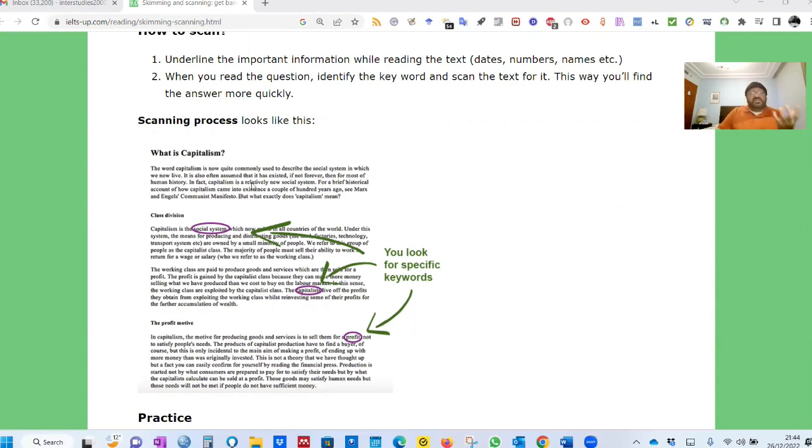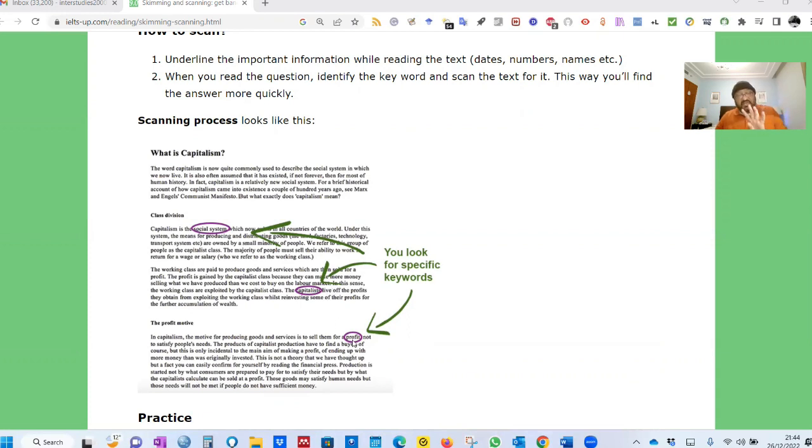It is different from skimming. In skimming, we highlighted the first paragraph, the first line of each paragraph, and then the last paragraph, that is the conclusion. But in scanning you locate specific keywords. For example, capitalism is related to social system, capitalist, life, and profit.